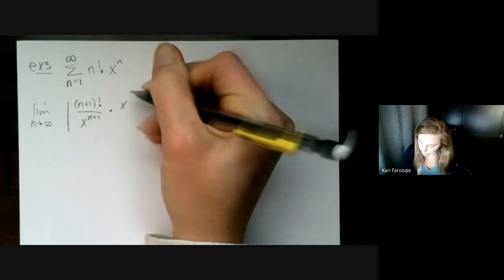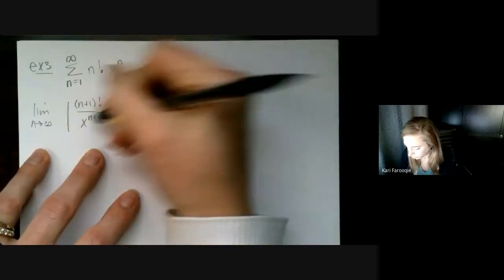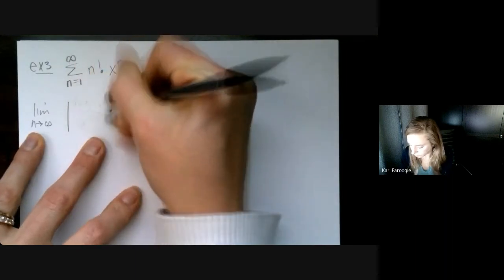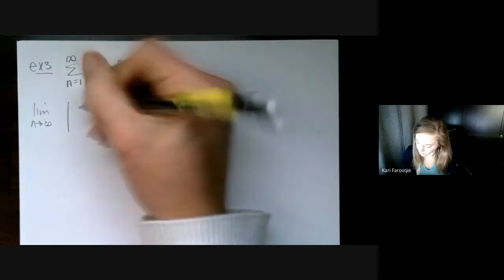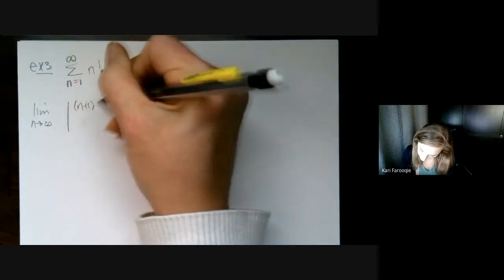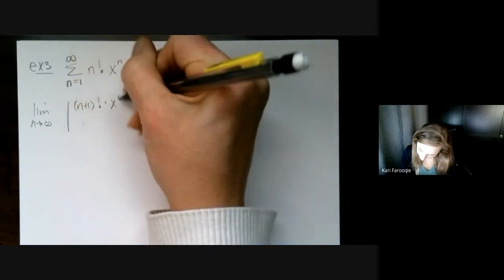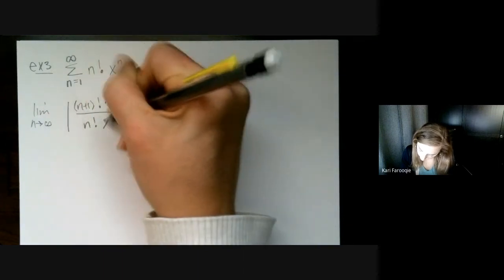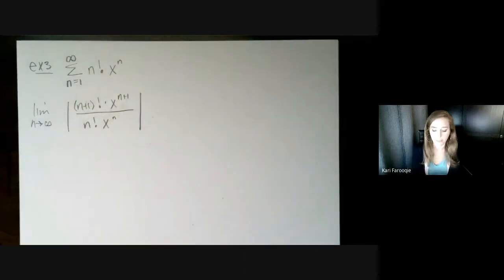I'm going to multiply, not divide by x to the n plus 1. Sorry, I'm so used to having quotients in my expression. Okay, this is going to be n plus 1 factorial times x to the n plus 1 divided by n factorial times x to the n.